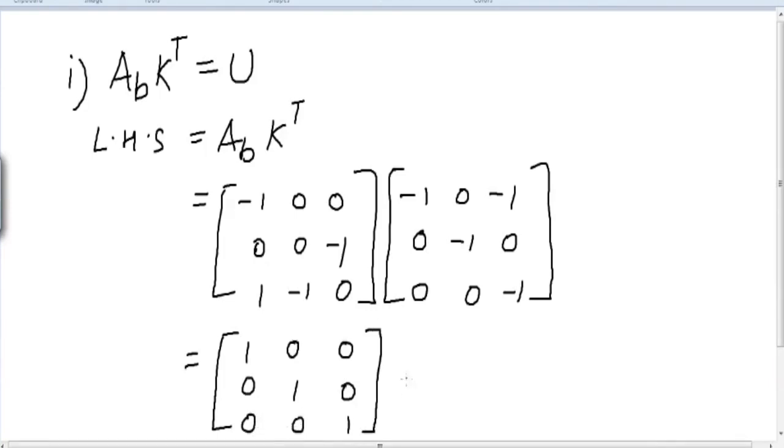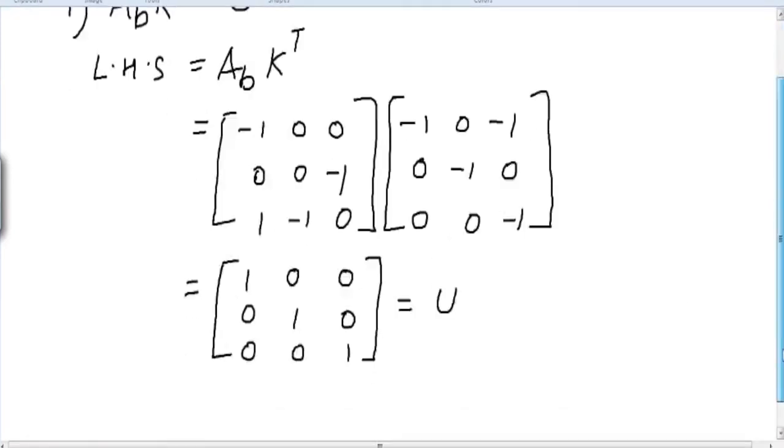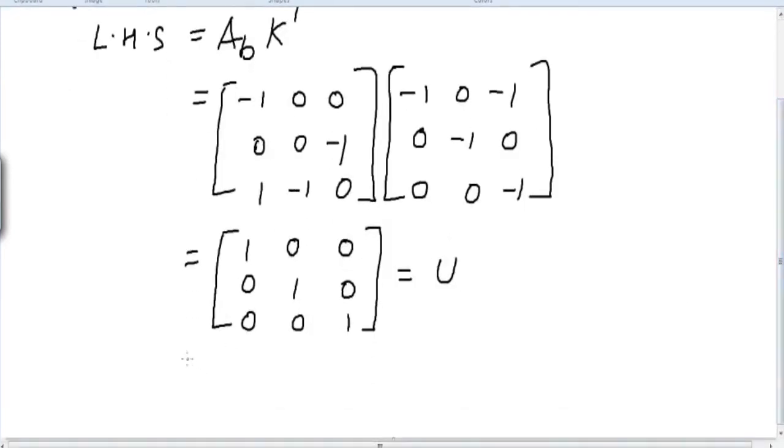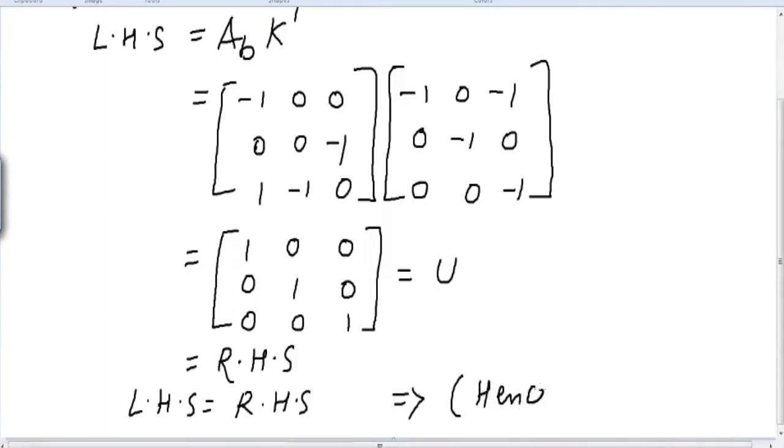This is nothing but the unity matrix, and in this way your first identity will get proved. This is nothing but the RHS, hence LHS is equal to RHS. So this will make your proof. Hence proved, first identity. And this is your answer of the first bit.